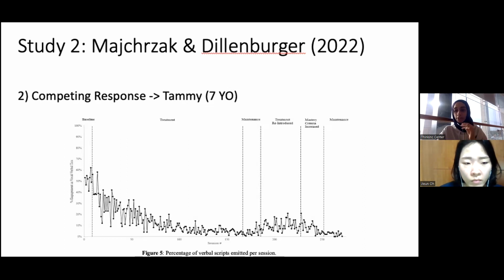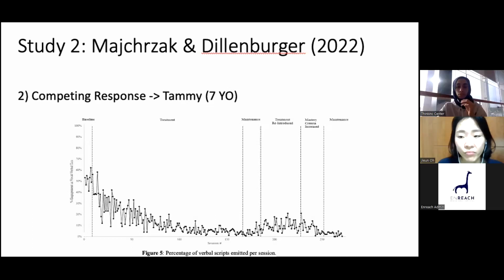So competing responses should be selected based on the individual being able to perform the behavior for more than a minute. The behavior has to be socially acceptable and incompatible with the target behavior.